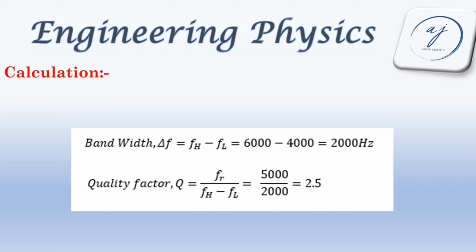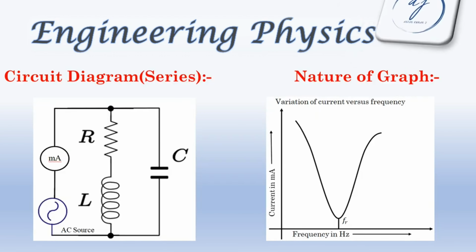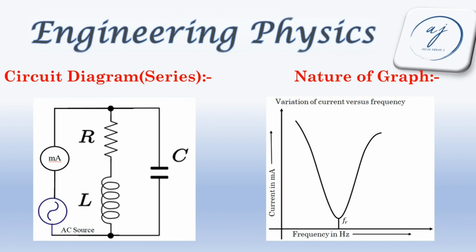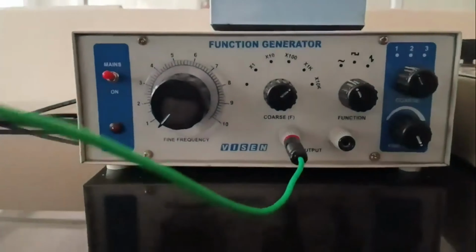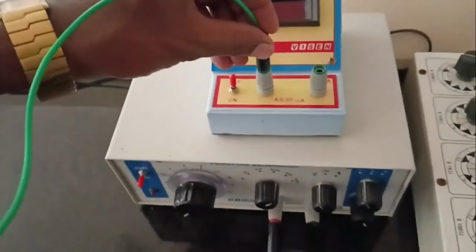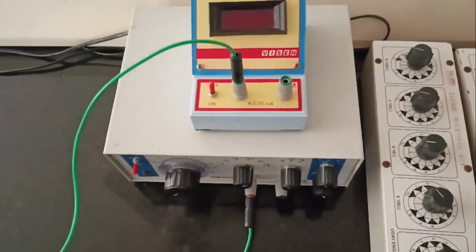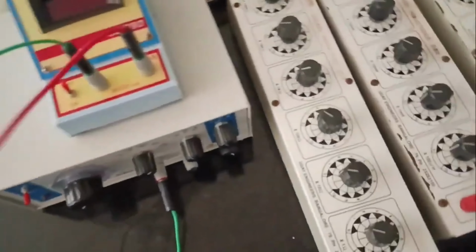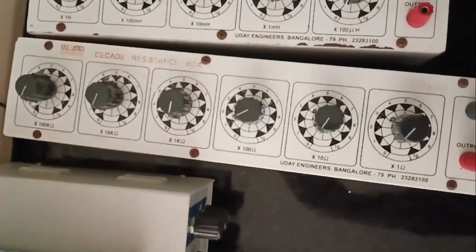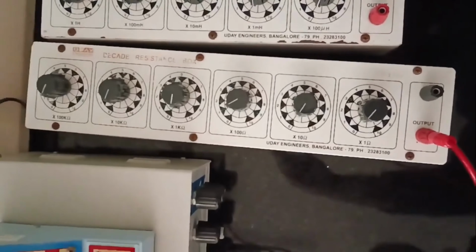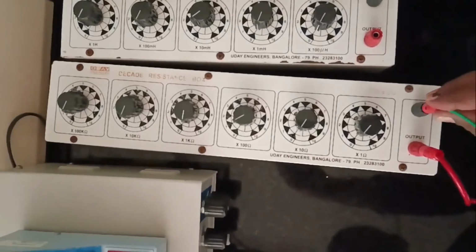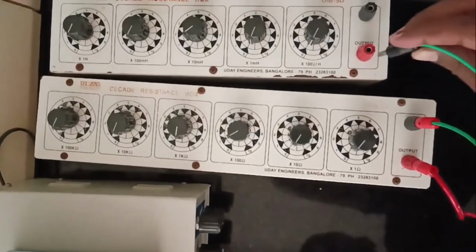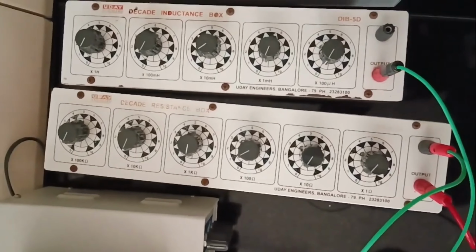Similarly, the parallel circuit connection and nature of graph is as shown. Circuit connections are made as shown in the figure. From the function generator to the ammeter, from the ammeter to the resistance box, one end of the resistance box. The other end of the resistance box is connected to one end of the inductance.